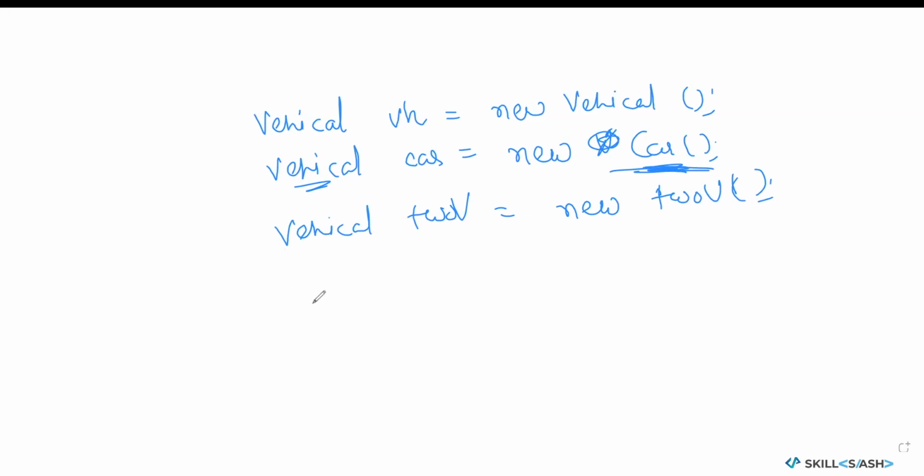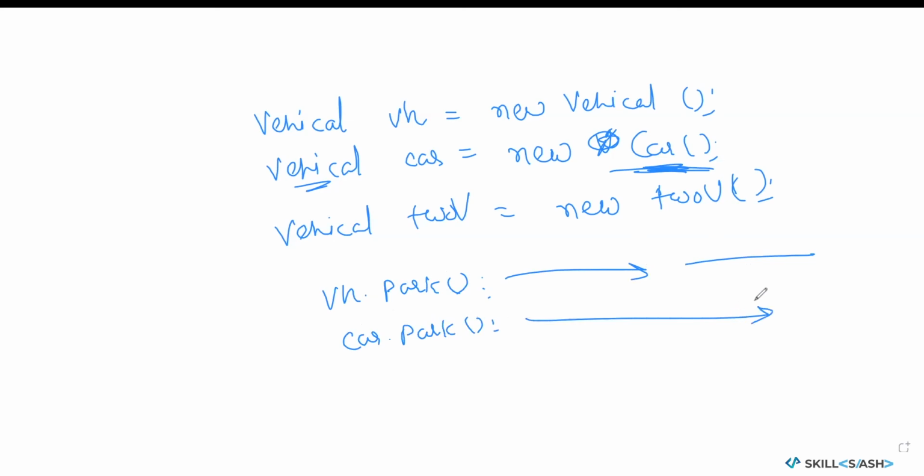Now if I call vehicle.park, it will directly call the park method of the Vehicle class object. If I call car.park, it will call the Car's method, and it will apply the 40 rupees per hour business logic we specified there.